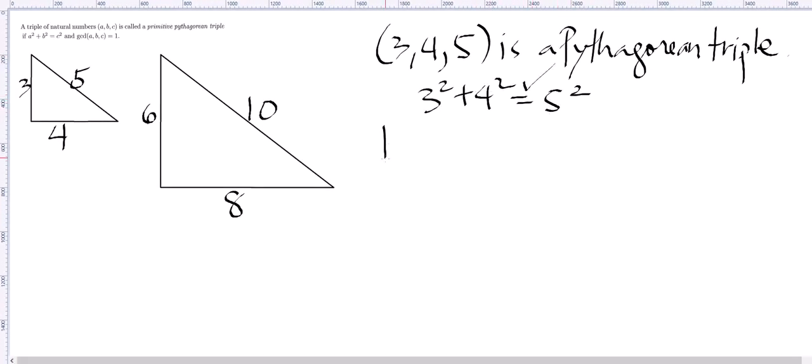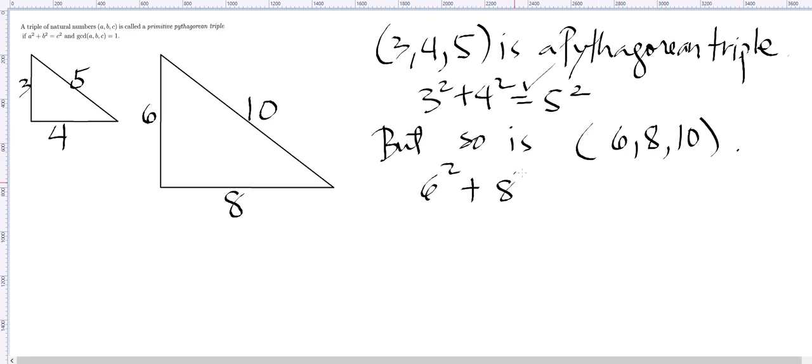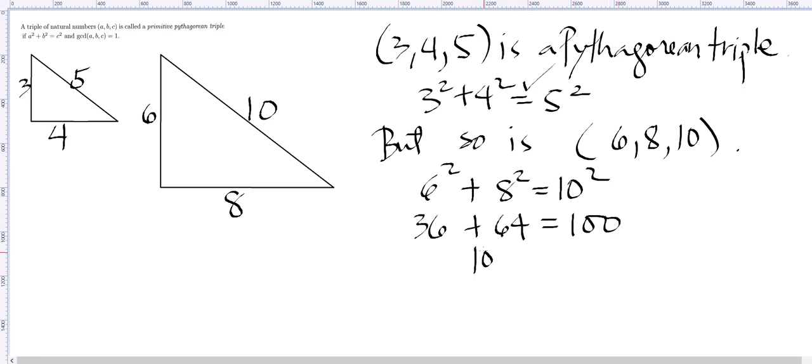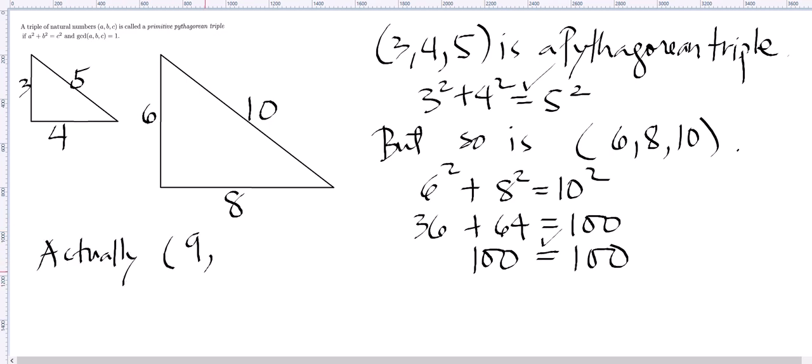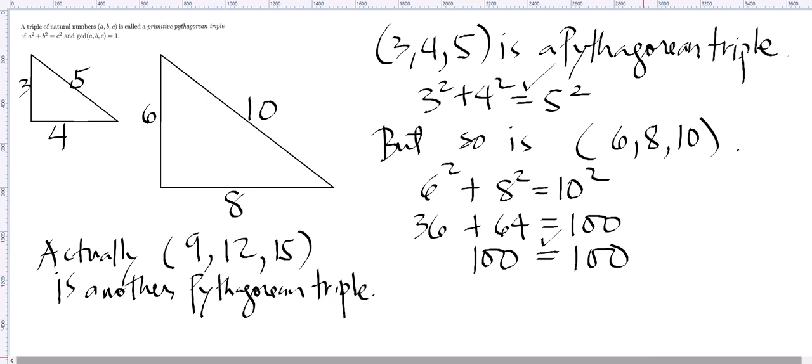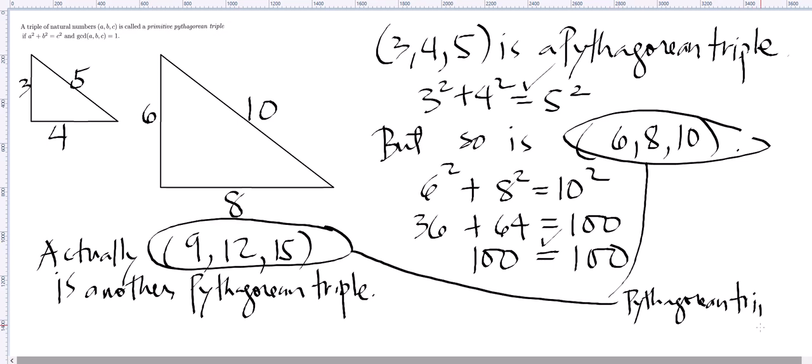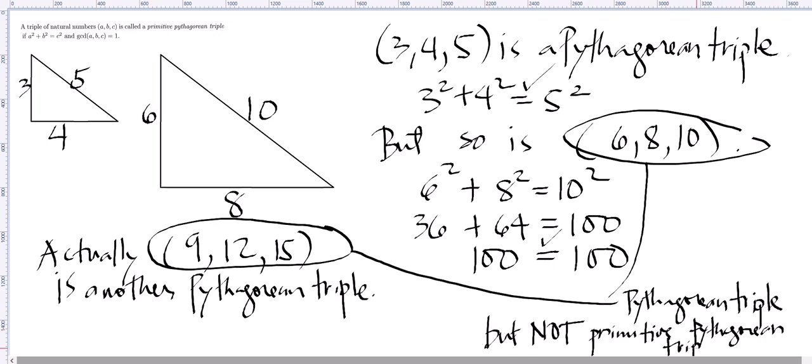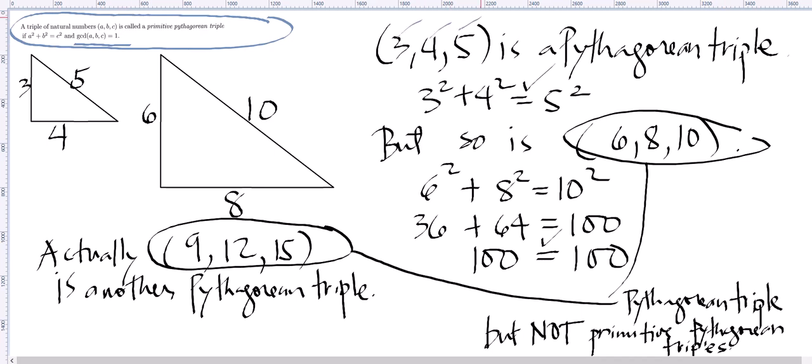But so is 6, 8, 10, since 6 squared plus 8 squared equals 10 squared. 6 squared is 36 and 8 squared is 64. 36 plus 64 is equal to 100, which is 10 squared. Actually, so is 9, 12, 15. 6, 8, 10, and 9, 12, 15 are Pythagorean triples, but they are not primitive Pythagorean triples.